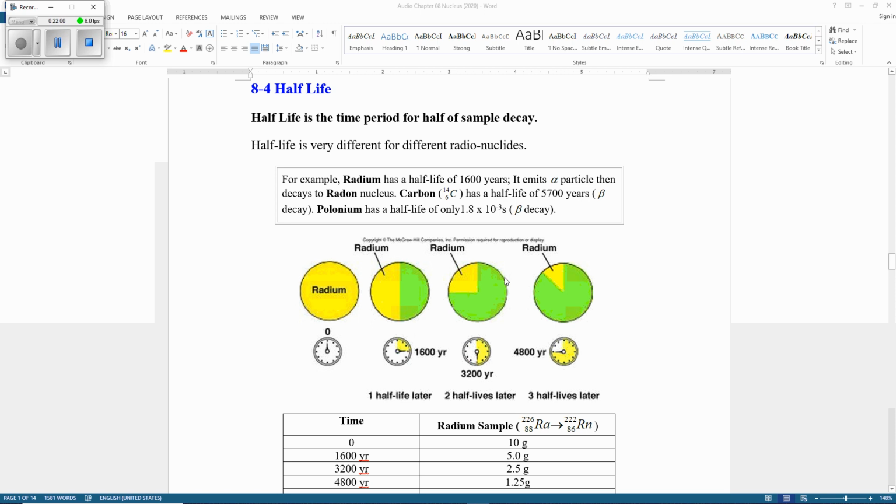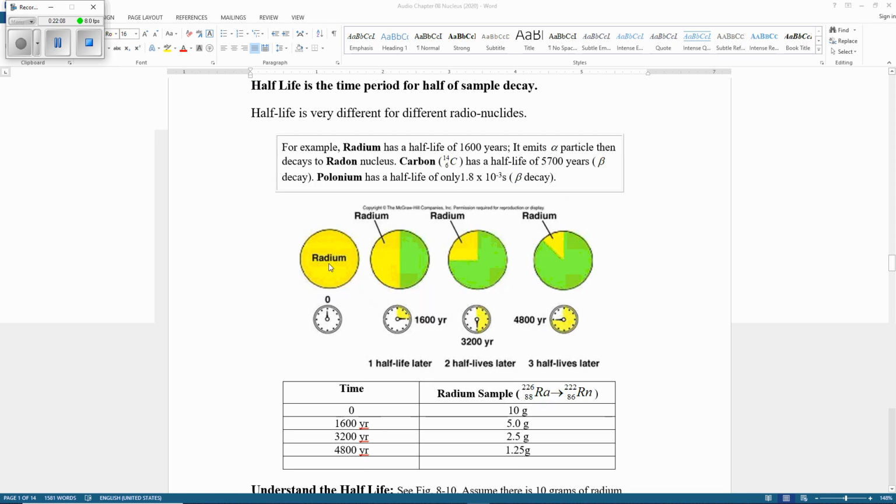In this section we study the definition of half-life, so I'll give you an example. Suppose we have one piece of radium. Suppose when time equals 0, we start radioactive decay.